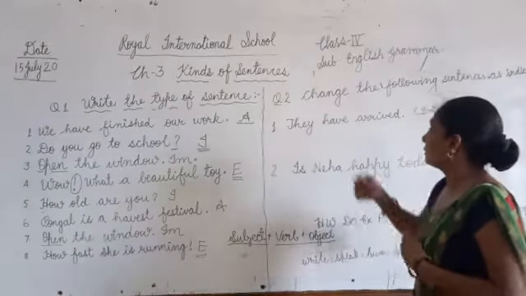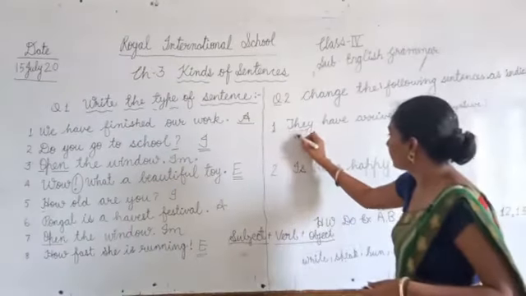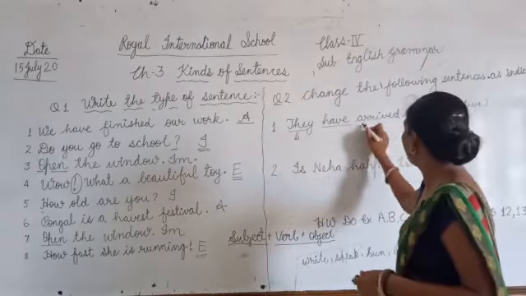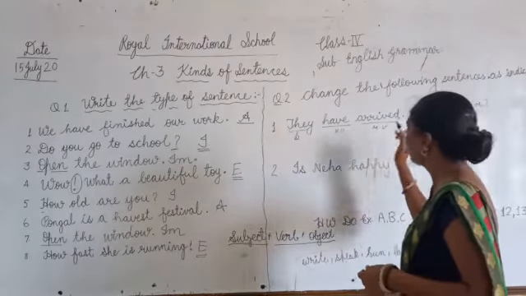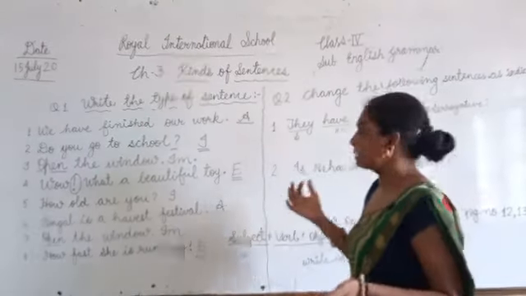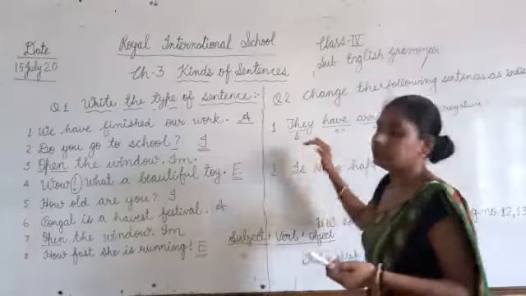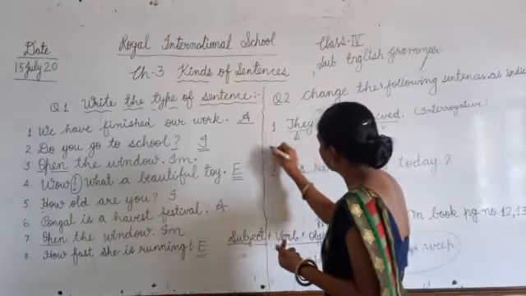Now see, they have arrived. In that simple sentence, it is subject, have arrived, helping verb and main verb. Okay? So just try to understand. To make an interrogative sentence, we just put the helping verb first.